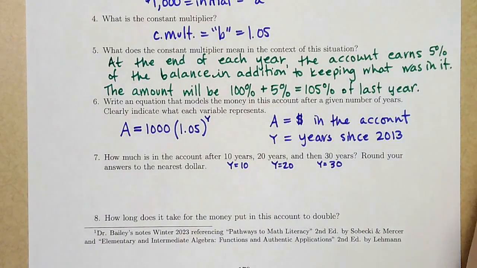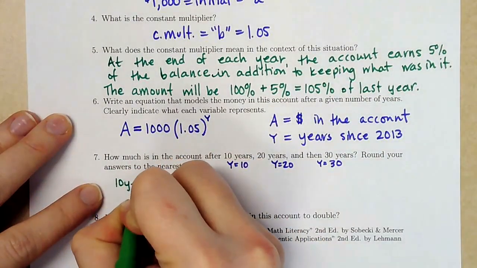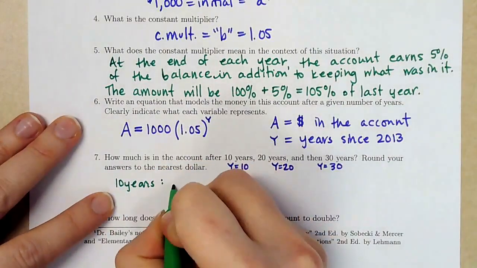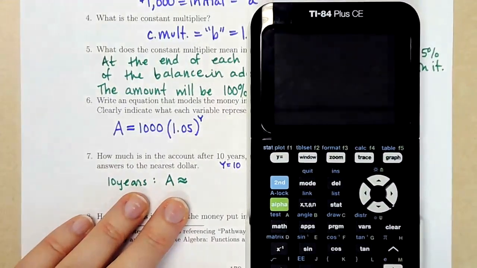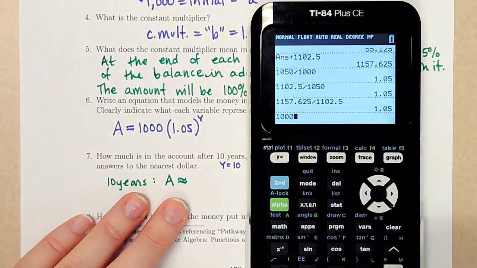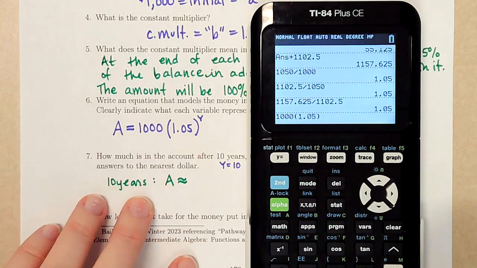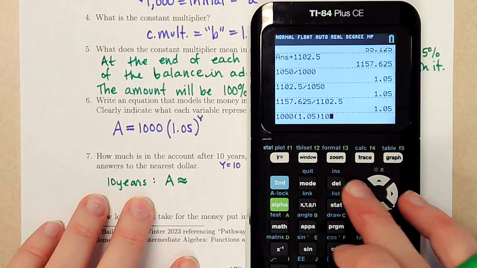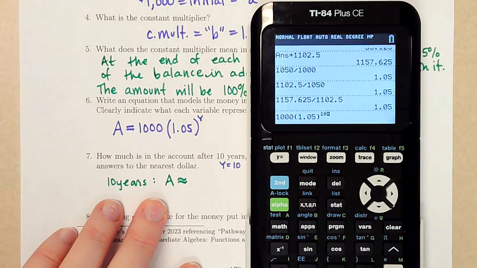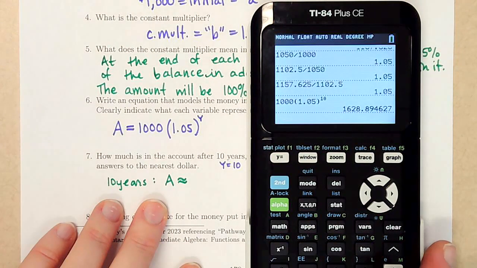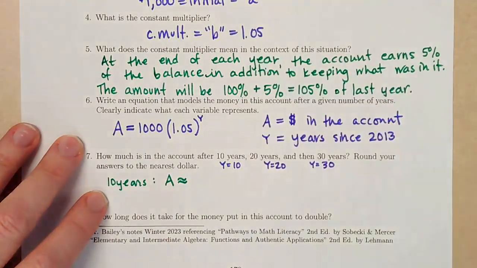In 10 years the amount will be approximately, okay, 1,000 times 1.05 raised to the 10. Oopsie, I needed the exponent. I almost forgot it there. $1,628 and about 89 cents.